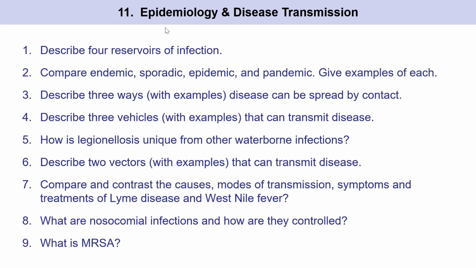Topic 13.1, in order for a pathogen to cause disease, what 3 things must happen? So that's a good one, and that's actually relating back to the previous topic. So why don't I pull up a slide for that question. Just give me a second on that.